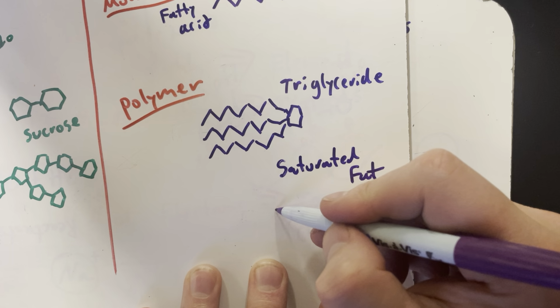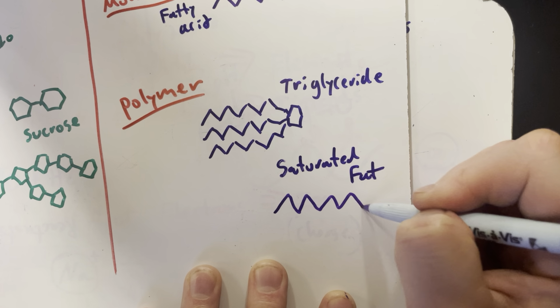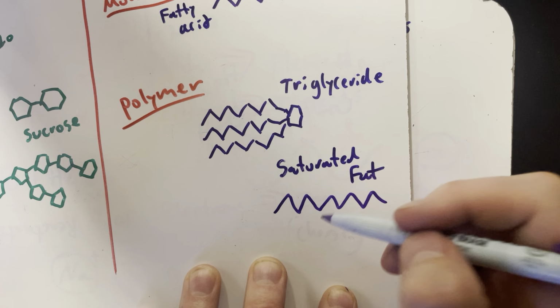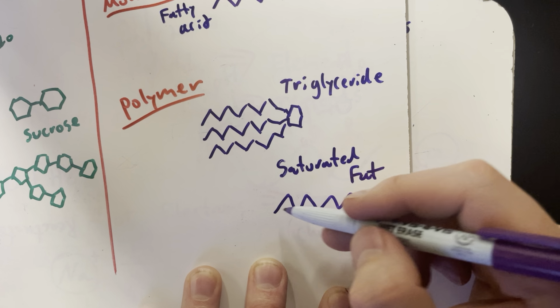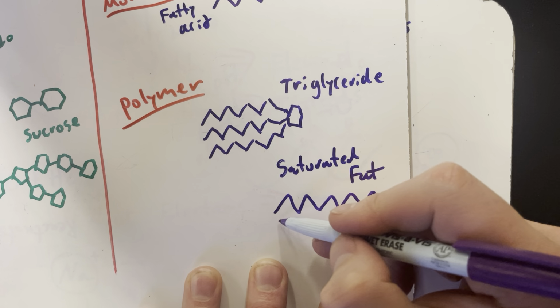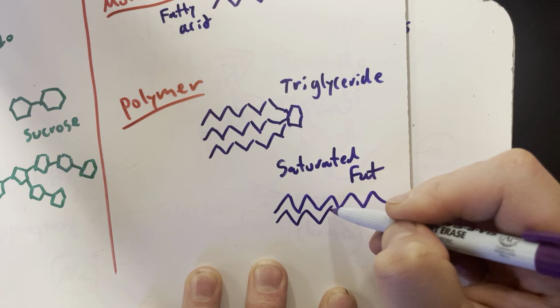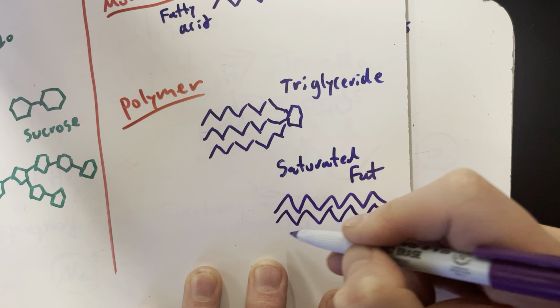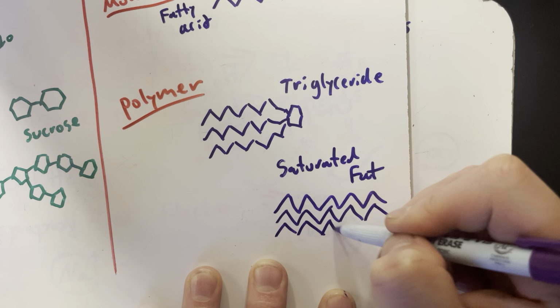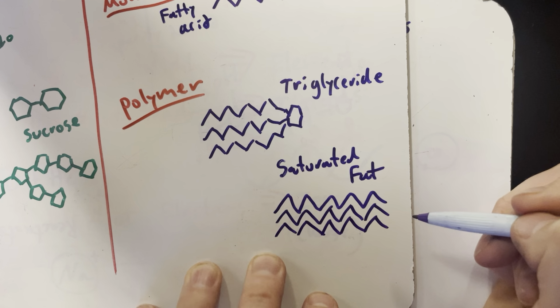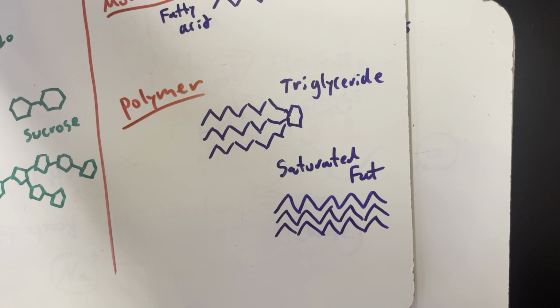So saturated fat is just up, down, up, down, up, down. Overall the molecule is nice and straight, right? And in fact, your body can pack them in really tight because they fit really well.